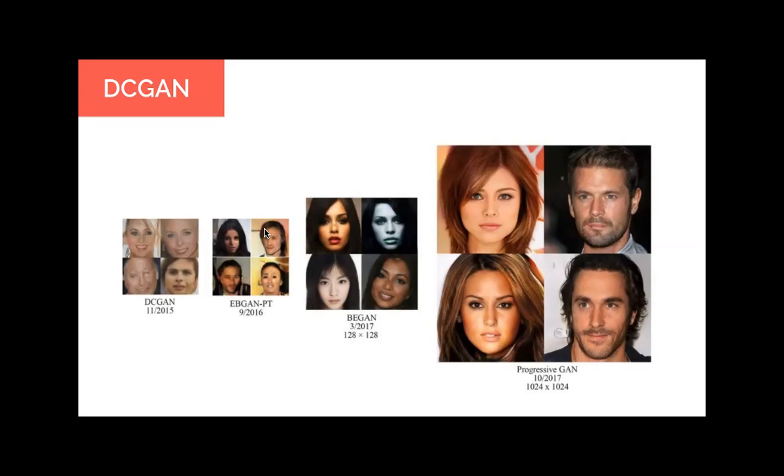And this is the state of the art. In 2017, using progressive GAN, they successfully produced a 1024 by 1024 image of a face. Can you believe no one in this actually exists? It's just AI.